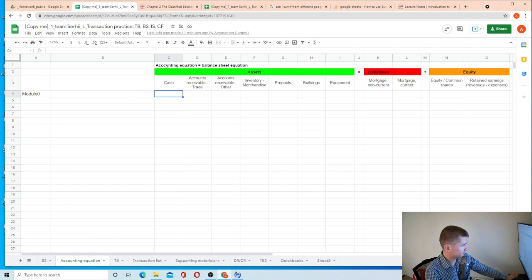For that reason I created such a template. You can find it in the main file which says copy me, and you can copy it to your working file. And in that file I'm going to allocate the entries we did on the transaction tab to that accounting equation spreadsheet. For example, let's start here.